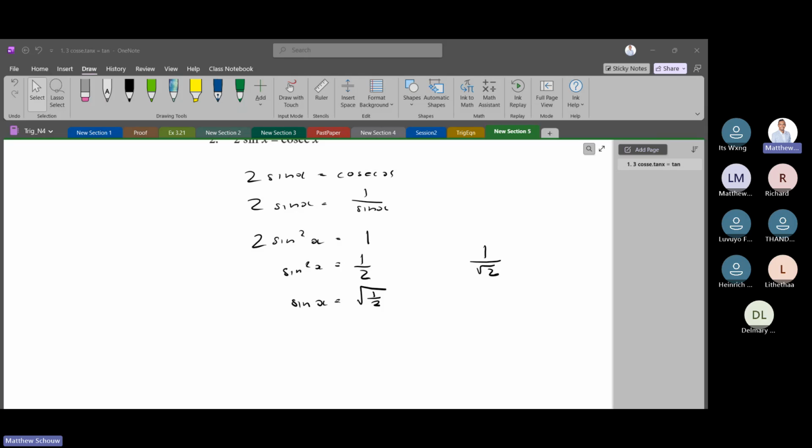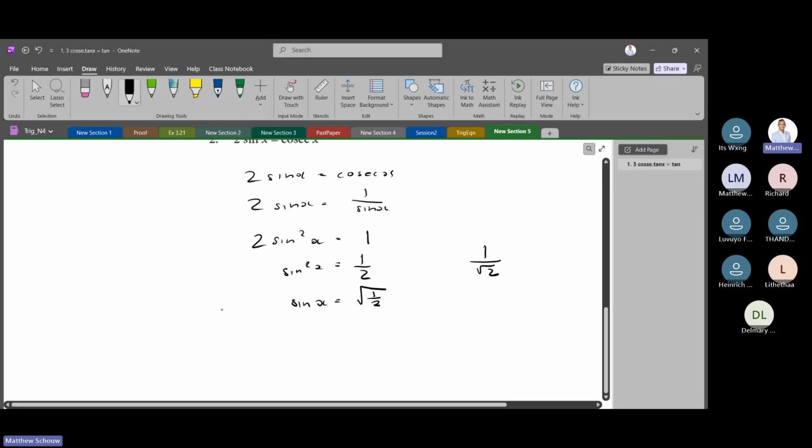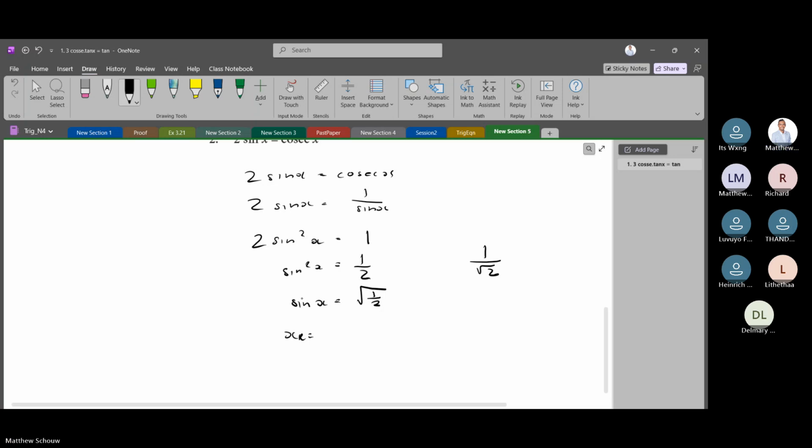And then basically we carry on the same procedure. So the first step again, we find the reference angle. Just give me a second quickly. Just find the reference angle for me.